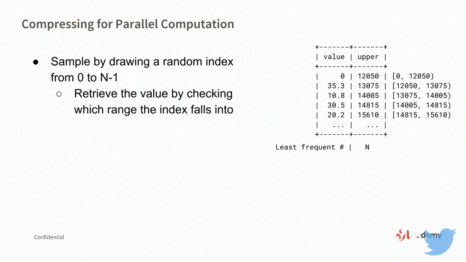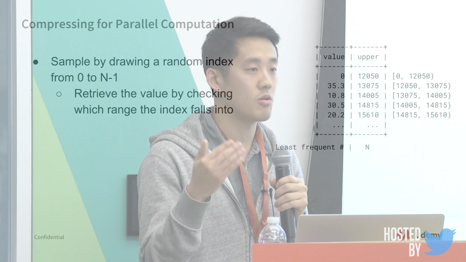So some things to say about this approach. The way that we chose to do this was by starting from the top and checking to see if the index falls under that range, and if not, going on to the next one until you get to the right range of indices, and then retrieving your value that way. So in the worst case, if we randomly sample an index n, or n minus 1 I should say, we have to traverse the entire collection to retrieve that value.